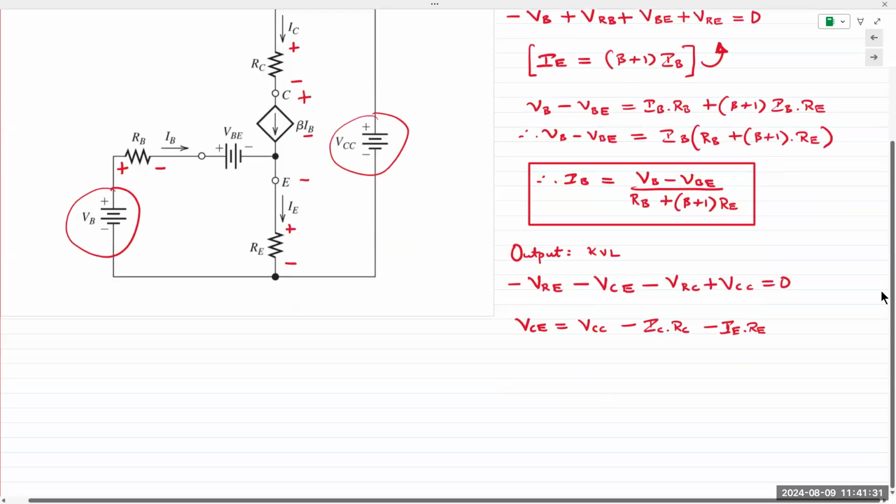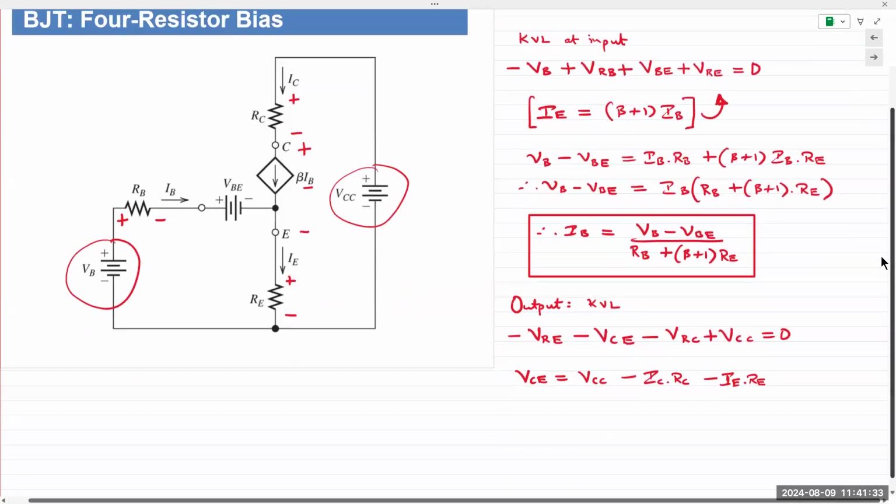No, sorry. Let's look at the problem statement. Make sense on the output side?